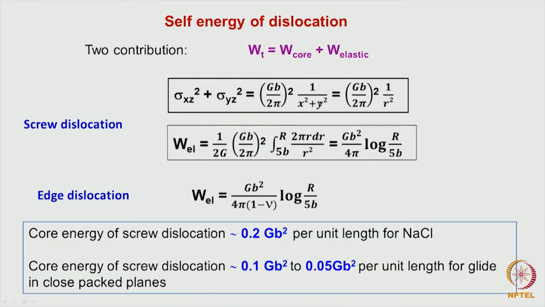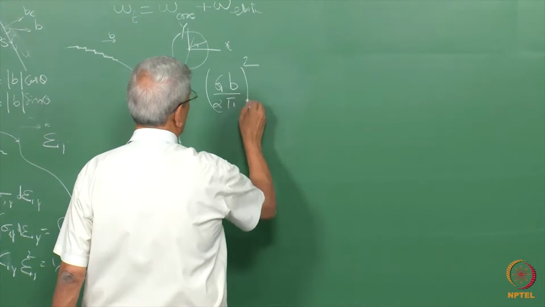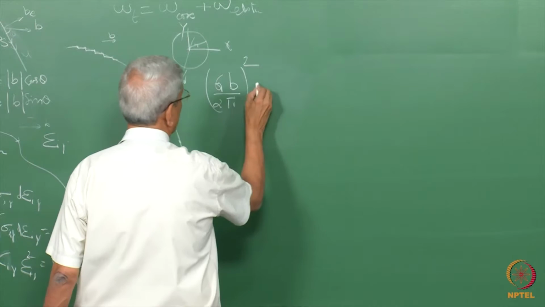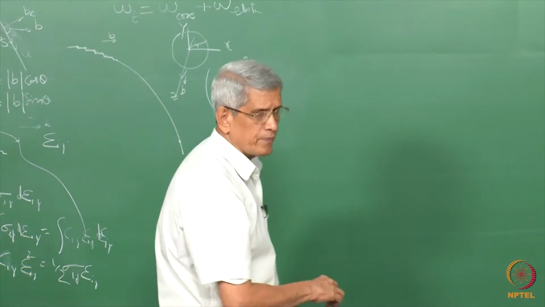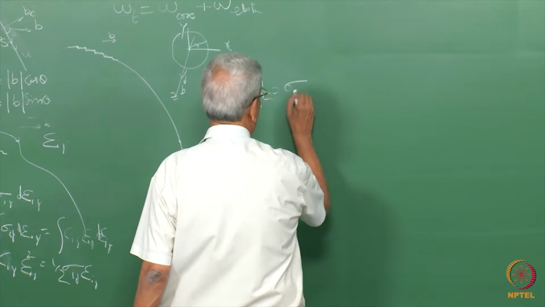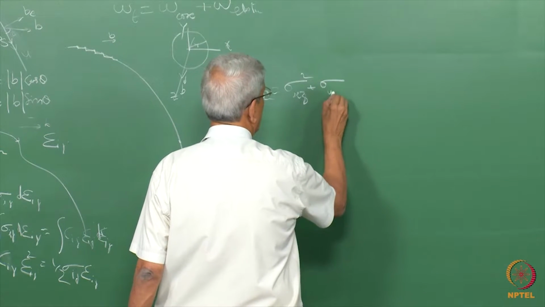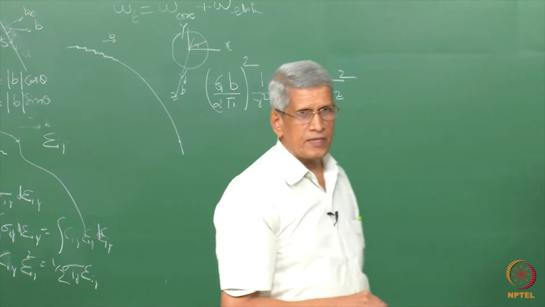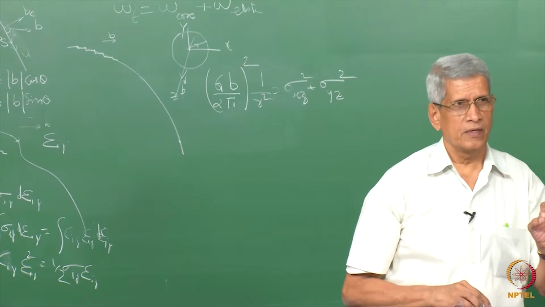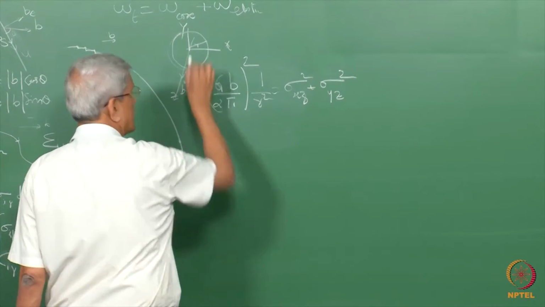This turns out to be (Gb by 2 pi) the whole square, times 1 by r squared, which is equal to sigma xz squared plus sigma yz squared. This tells the energy at a distance r.